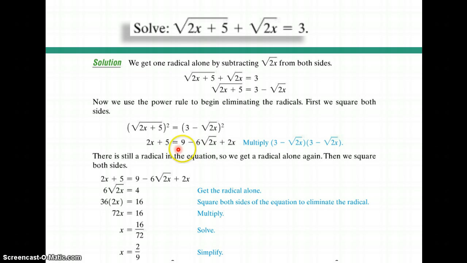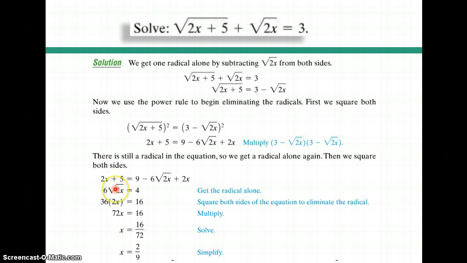So in this equation we have one radical left. So again, to get this one radical alone, we have to write the equation in this form. So 2x plus 5 equal to 9 minus 6 times square root of 2x plus 2x.